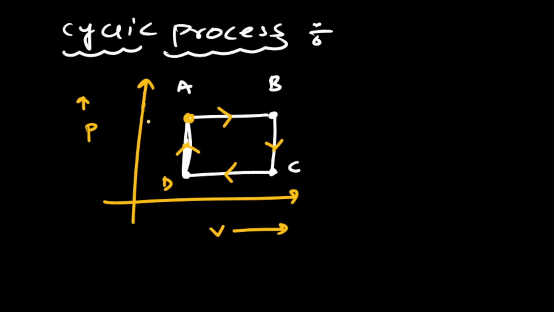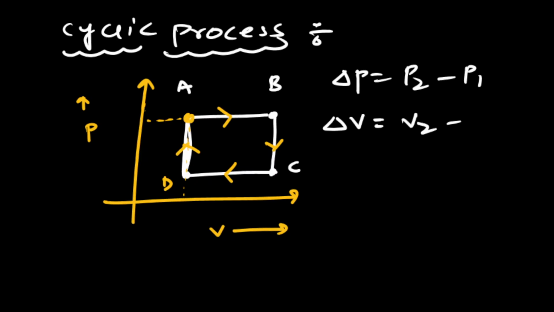Now the initial state and the final state are the same, right? Let's suppose I want to calculate the change in pressure in this entire cycle. The change in pressure will be P2 minus P1. Similarly the change in volume is V2 minus V1.